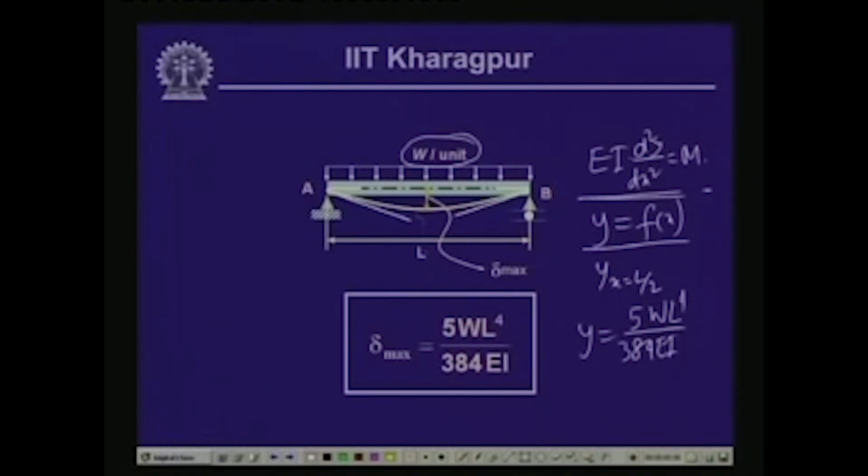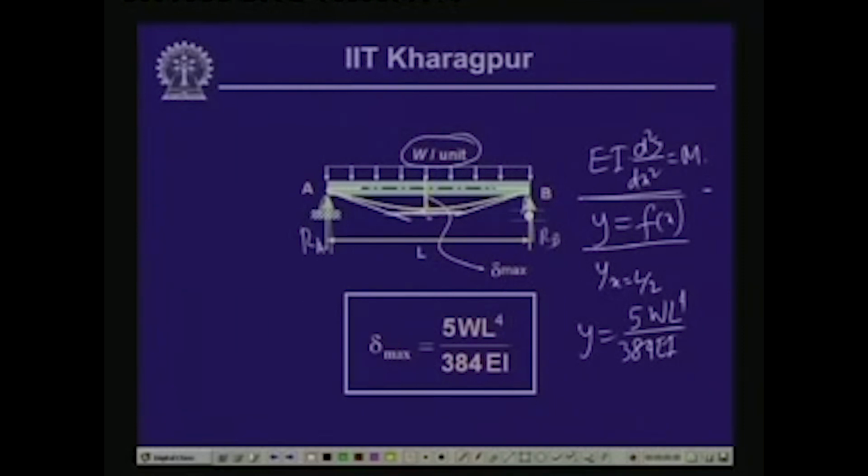Now, this particular beam is symmetrically loaded, and as we do not have any horizontal reactive force, we have the vertical reactive forces R A here and R B over here. For a symmetrically loaded beam, the maximum deflection occurs at the center. In fact, if we draw a tangent to the elastic curve at this point, it becomes horizontal.